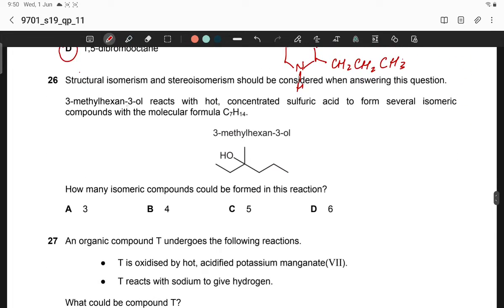Next question: structural isomerism and stereoisomerism should be considered when answering this question. 3-methylhexan-3-ol reacts with hot concentrated sulfuric acid to form several isomeric compounds with the molecular formula C7H14.